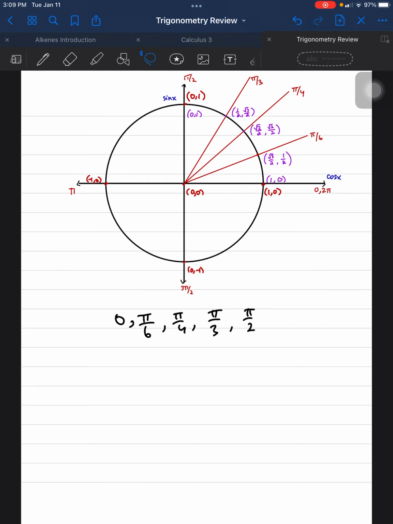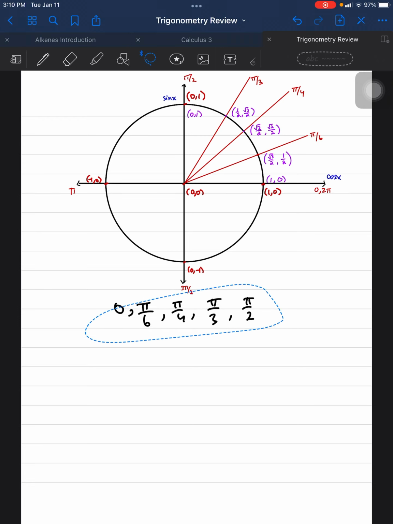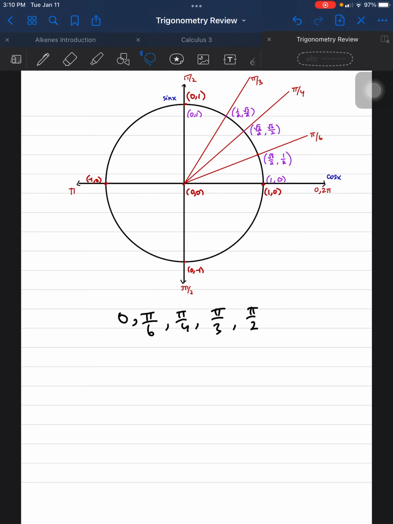The unit circle can sometimes complicate things for beginners, but it is essential to understanding some of the topics in calculus. So I would recommend taking the time to draw out a unit circle and practice drawing it and its values. But there's also a simpler way, and that's with a table of values.